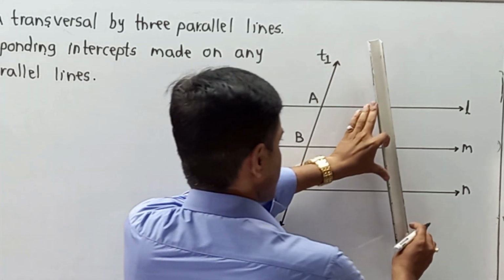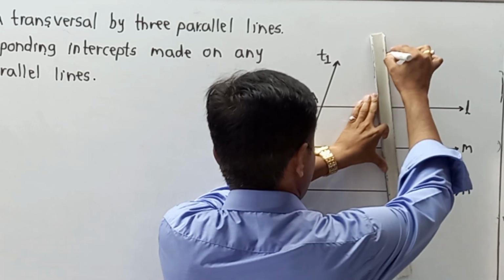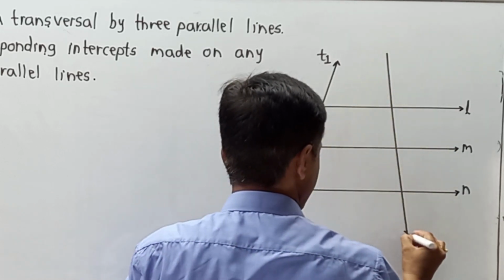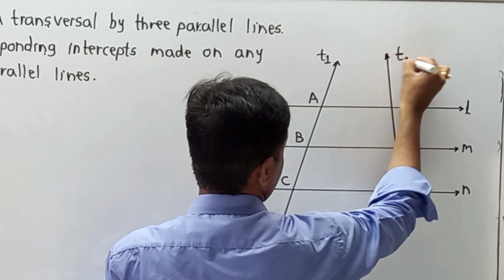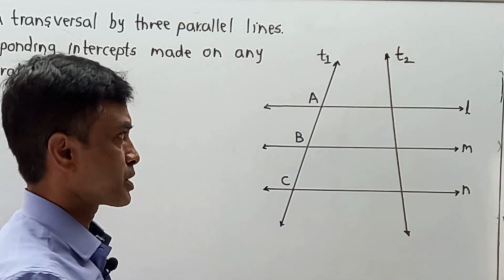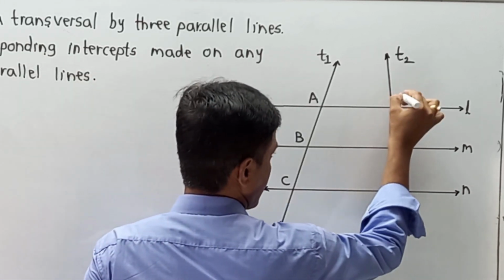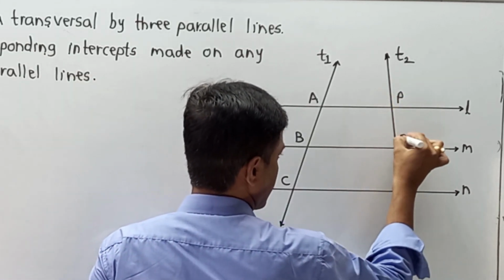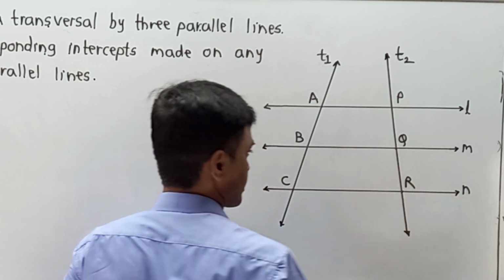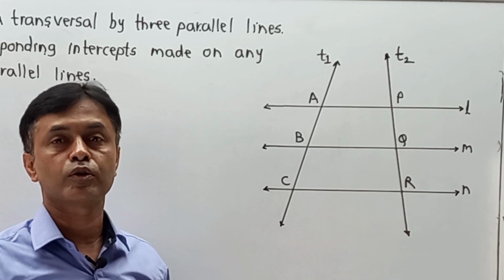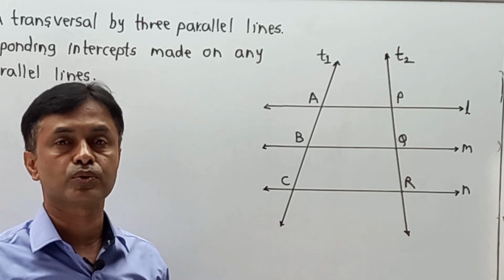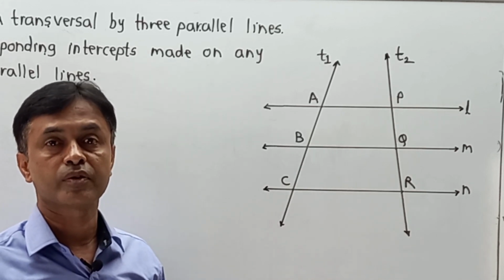Now I am going to draw the second transversal. Definitely these are non-parallel, T2. Now our second transversal intersects the first line at point P, second at Q and third at R. And with the help of the property of three parallel lines, we want to reach a conclusion in terms of ratio.